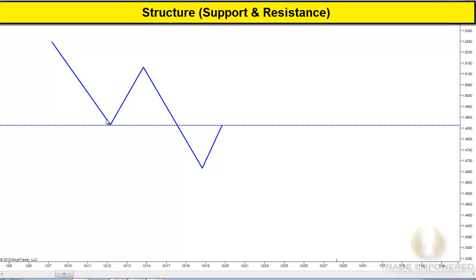Once it was broken, resistance turns to support. So this level should support the overall trend. And once we get that outside return into that previous level of structure, this is where we look to sell the market, in anticipation that we're going to at least touch our previous structure low and eventually create a new one.